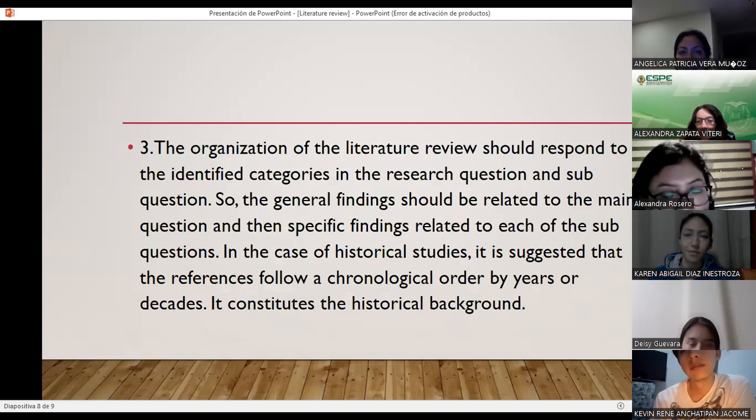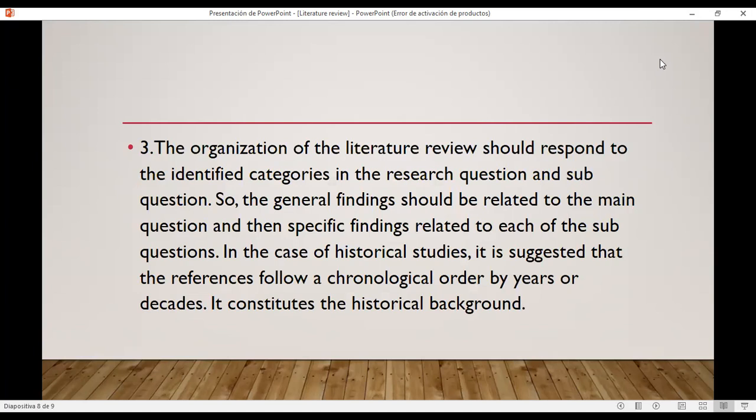The organization of the literature review should respond to the identified categories in the research question and sub-questions. So the general findings should be related to the main question, and the specific findings related to each of the sub-questions.